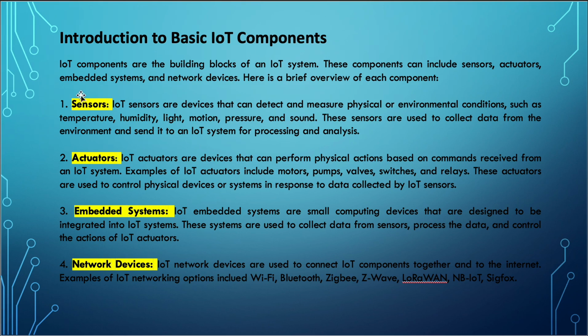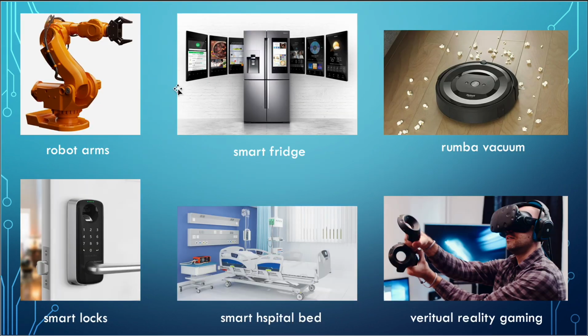Of course, multiple. Now think about, as we talked about, we can take the Roomba. These 4 components are there in the Roomba. If you take the fridge, these 4 components are there. If you take a robotic arm, these 4 components are there.